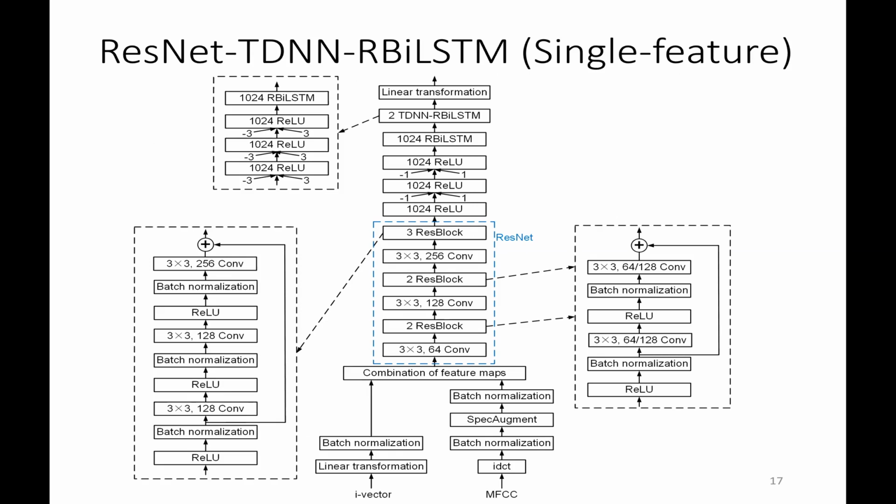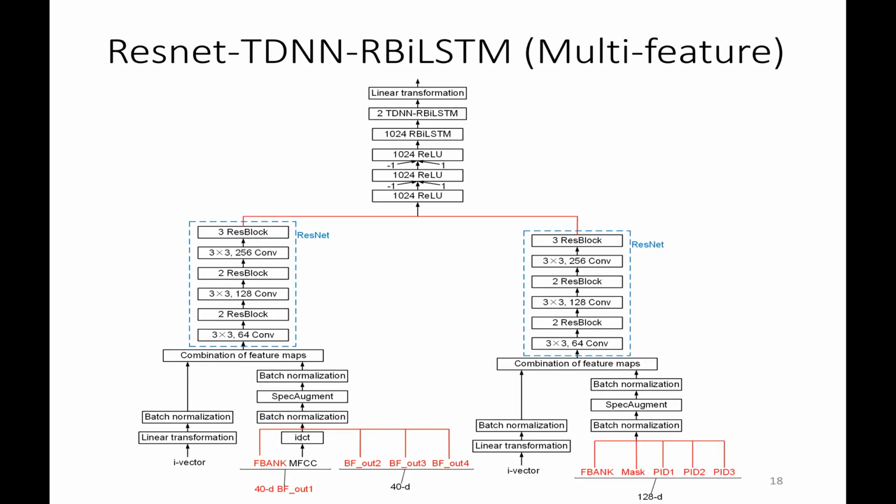Here we show the detailed architecture of one network for the single feature AM. For the multi-feature AM, we have 2 branches corresponding to the 2 parts of the multi-feature input.